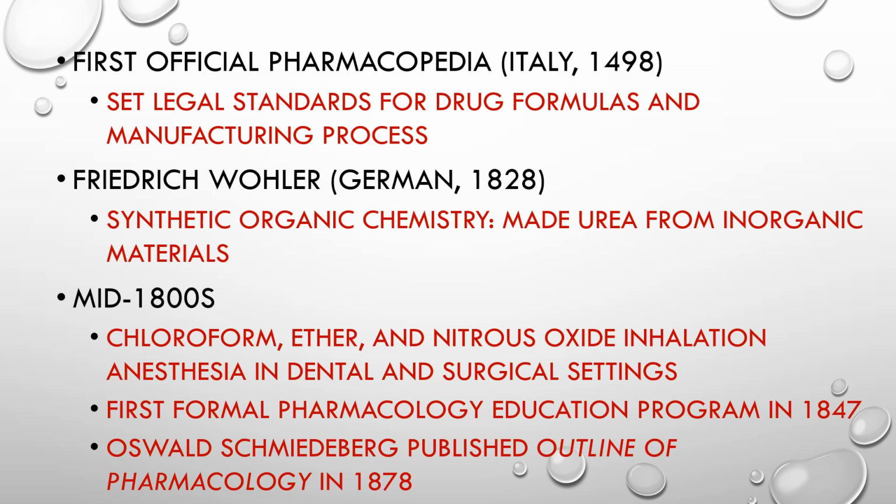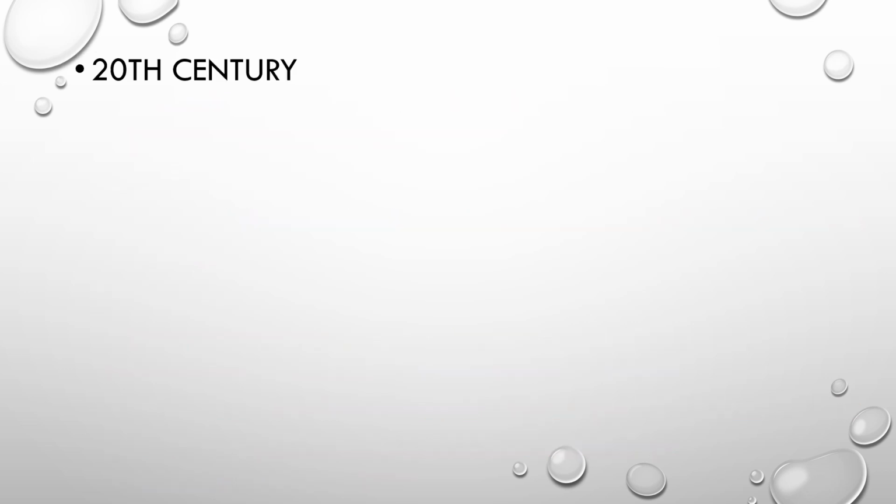And also during this time, Oswald Schmiedeberg published what was called the Outline of Pharmacology, again, setting up lots of different regulations or procedures for preparing and producing various drugs.